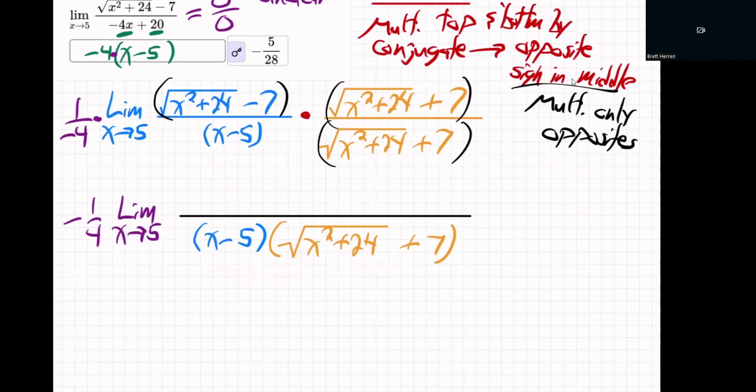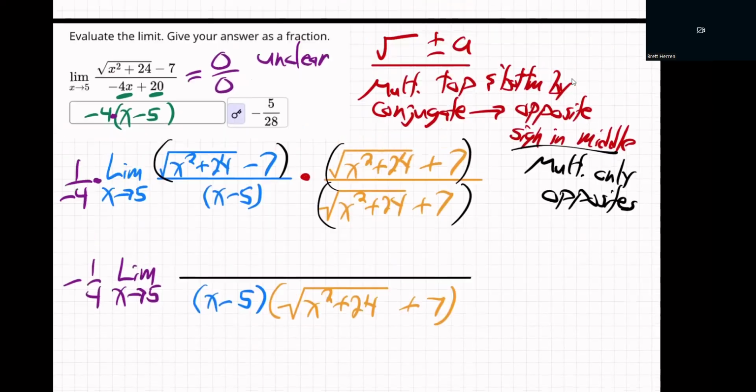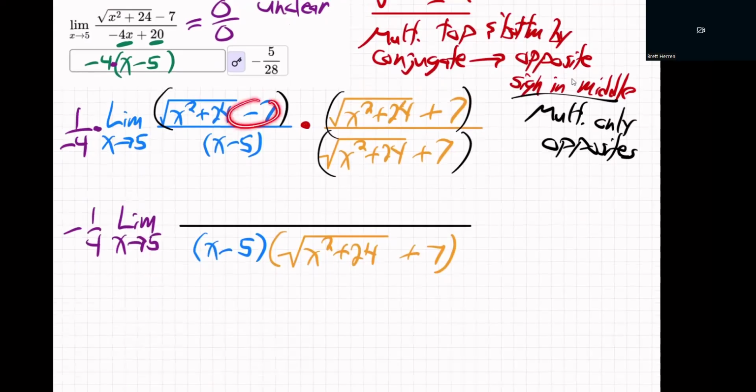You could, but it'll be easier not to. I'm only going to multiply the top because those have the opposite. Now, don't say to yourself, "Oh, it's always the top." No, no. Sometimes that stuff's on the bottom. It's whoever has the opposite. See how the two tops have opposites. This is exactly the same as that, except there are opposite signs in the middle.